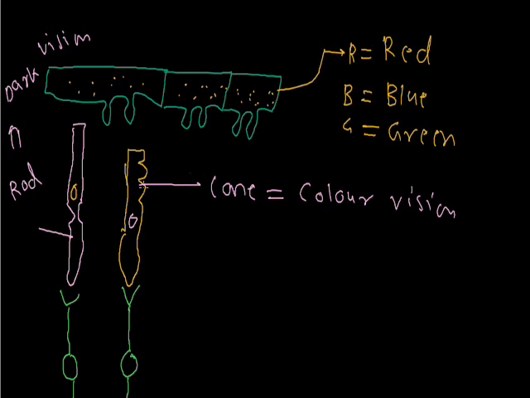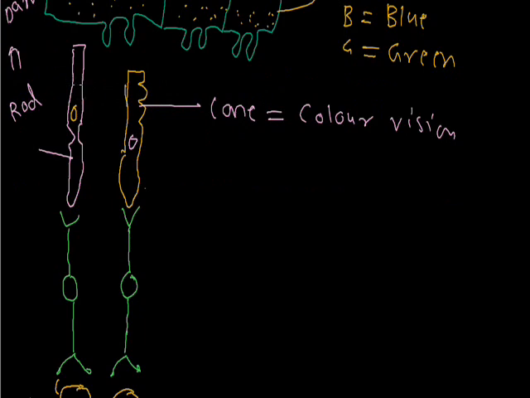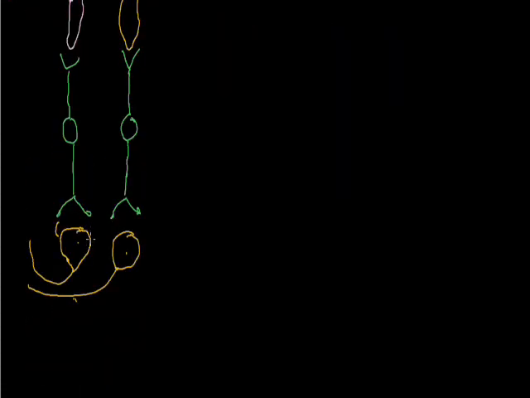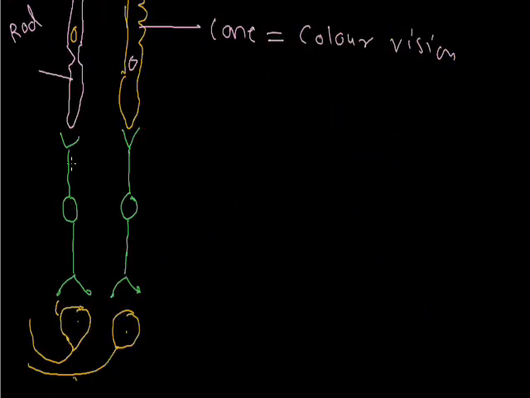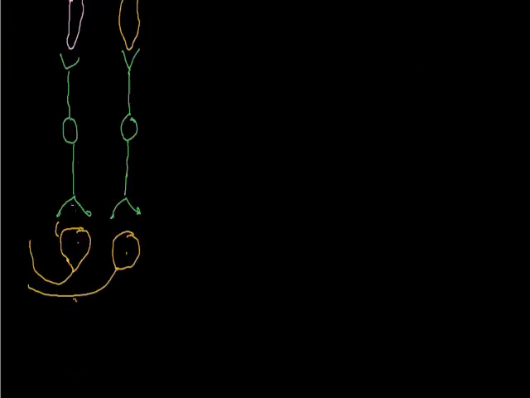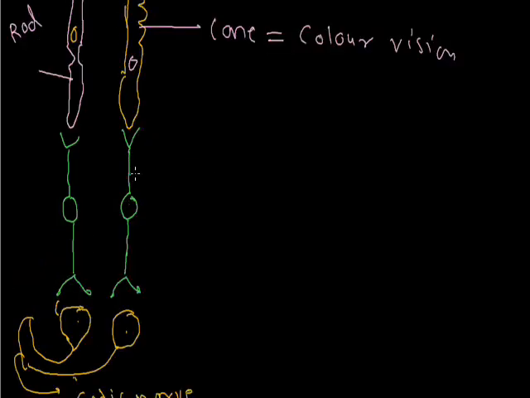The second, inner layer is the photocell layer, and it consists of three layers: the rod and cone layer, the bipolar layer, and third, the ganglion layer. Rod is related to dark vision and cone is related to color vision. The bipolar nucleus's dendron is connected to the photocells and the axon is connected to glial cells, and the glial cells form the optic nerve. This is the optic nerve. Okay, this is the bipolar nucleus. Once again, rod is related to dark vision and cone is related to color vision.